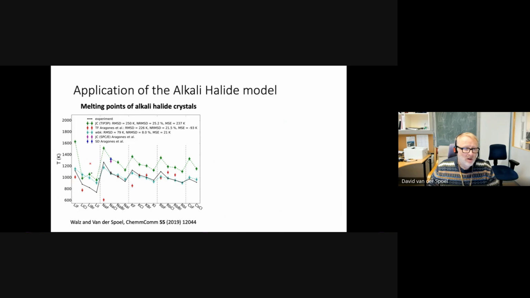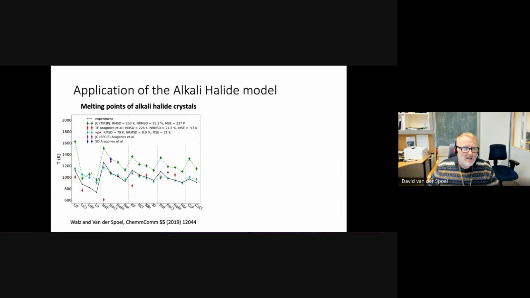And this JC non-polarizable model, you see it's way off. It's way too stable, so all the numbers are way above the experimental numbers. Then here's another model from the literature, which is rather too low for some of them, although it's not super bad, but particularly for fluoride, it's too low.